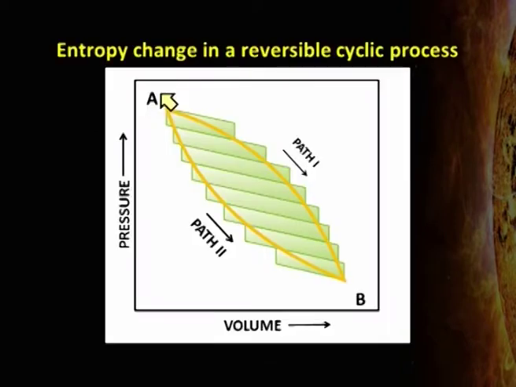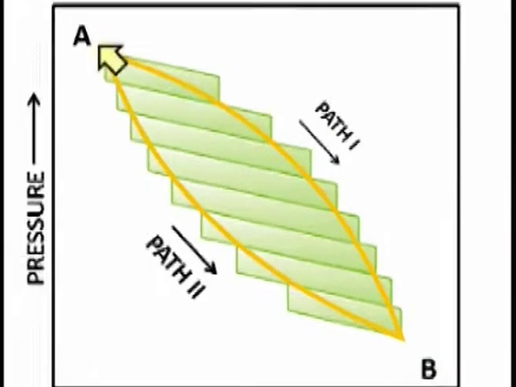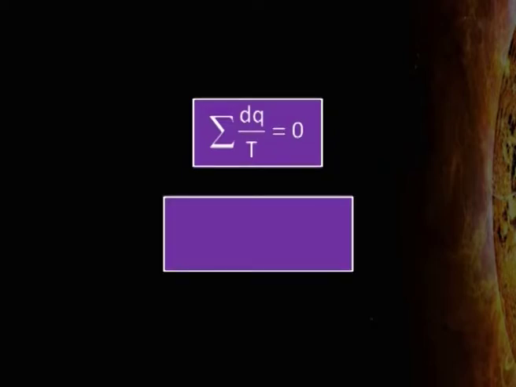Since the cycle is performed in two steps, that is from A to B and back from B to A, it follows that summation of dq/T equals 0, which can be shown as the integral of dq/T within the limits A to B plus the integral of dq/T within the limits from B to A is equal to 0.